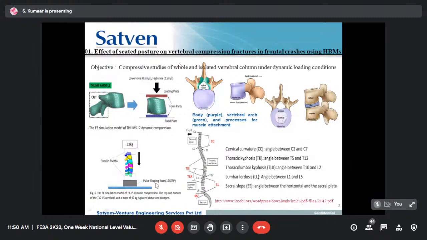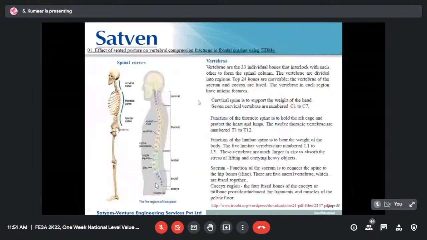When it comes to studying the vertebral column, first we should have knowledge about what the vertebral column is, how it functions, and how the other parts are arranged. Once we get this kind of project, we need to study the anatomy in detail. This is the anatomy of the vertebra.